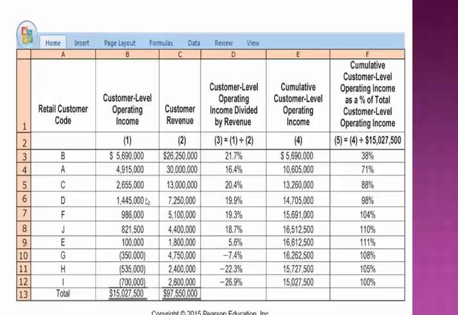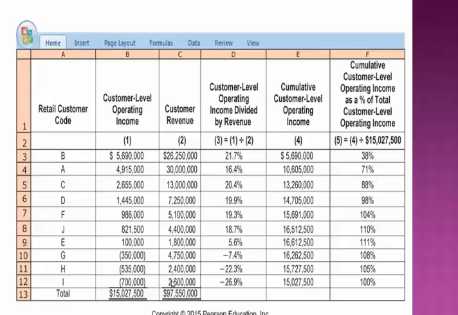And then here's some other customers, and then here's our J, and here's our G. Notice it goes from the largest amount of operating income per customer down to the lowest, noticing that once we drop below operating income of 0, we've got a negative $350, a negative $535, and a negative $700. So it goes from greatest to least in operating income.